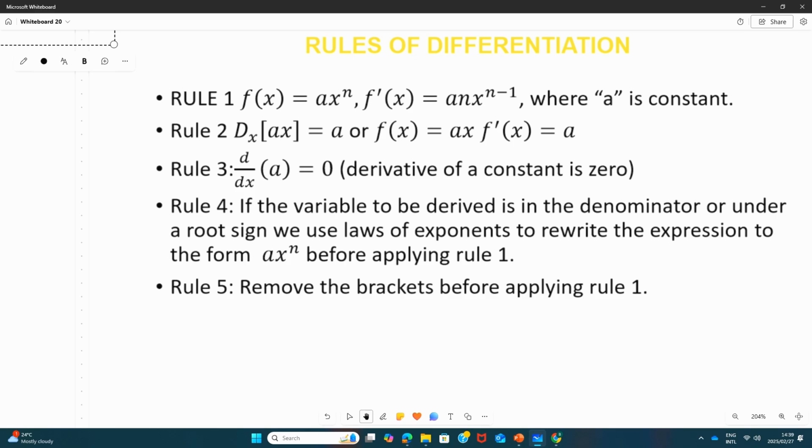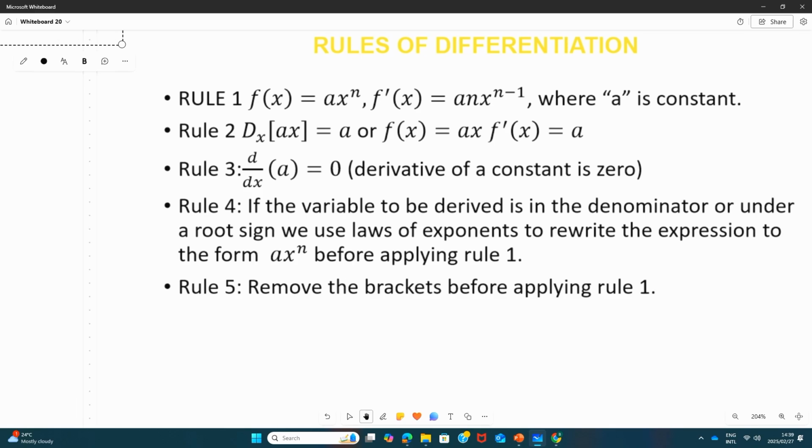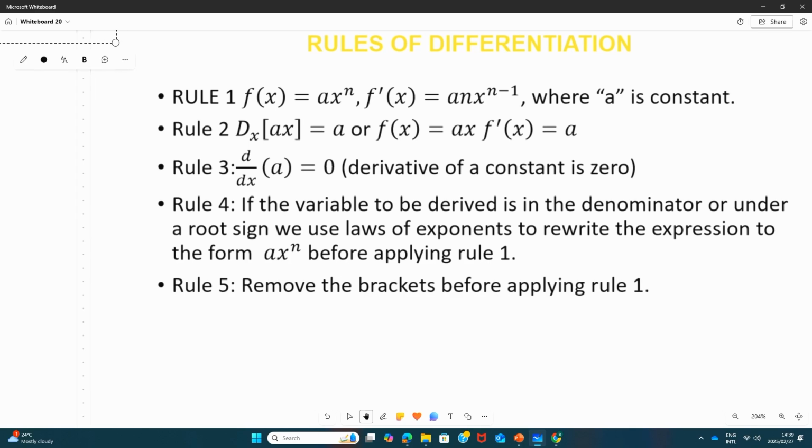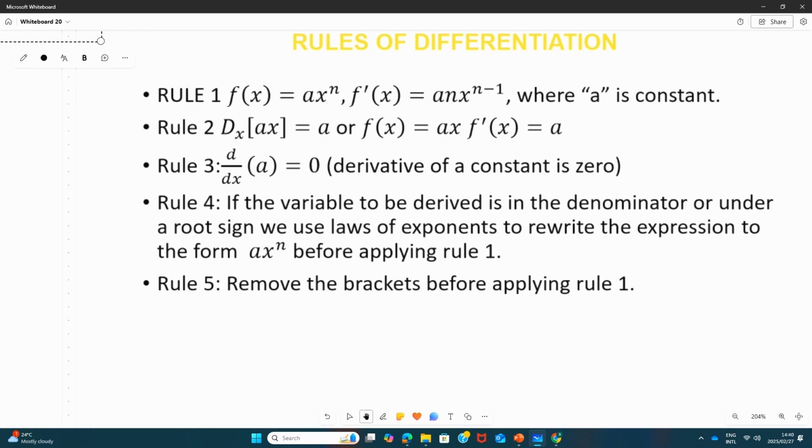Which means before you start to differentiate, you must make sure that your equation is written in this form, ax to the power n, before you apply rule 1. So you need to manipulate that if it's under the root sign, or you manipulate that variable if it's in the denominator by applying the laws of exponents.